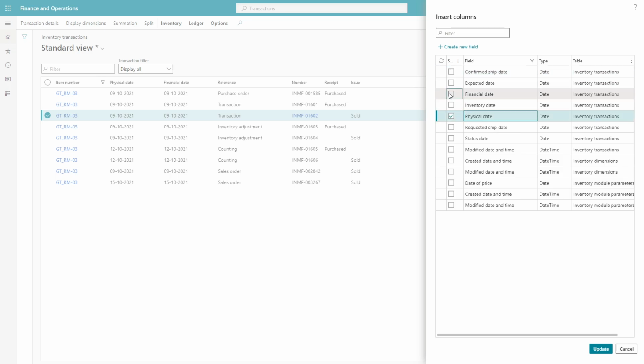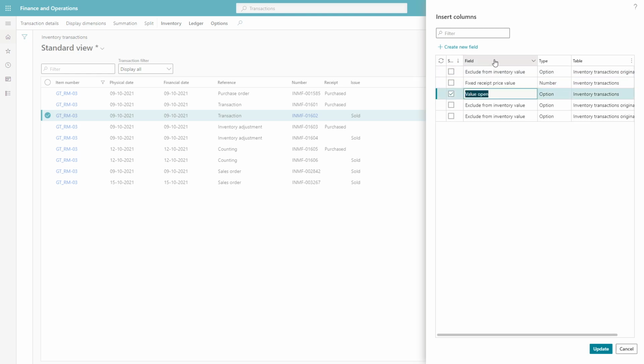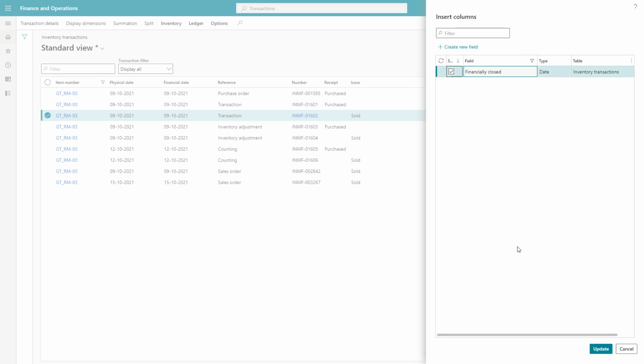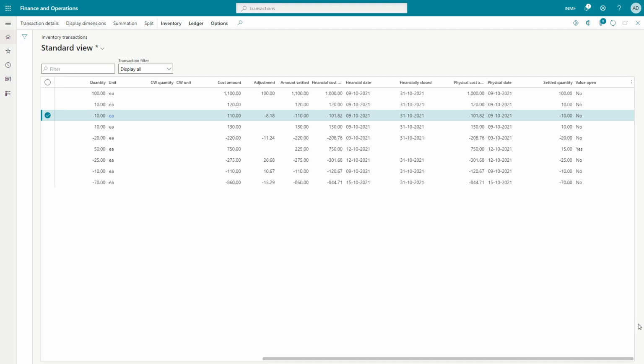Physical date, financial date, adjustment, then amount settled, settled quantity, value open, financially closed. These are the fields which I want for the analysis purpose.